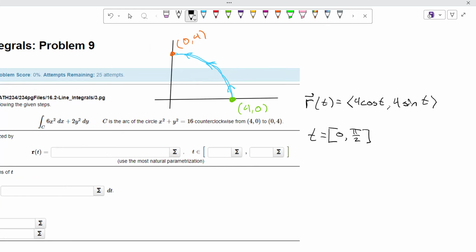If I were going to the negative x-axis, I would go 0 to pi. And if I went down to the negative y-axis, I'd be at 0 to 3 pi over 2. Just remember what those coordinate spots are.